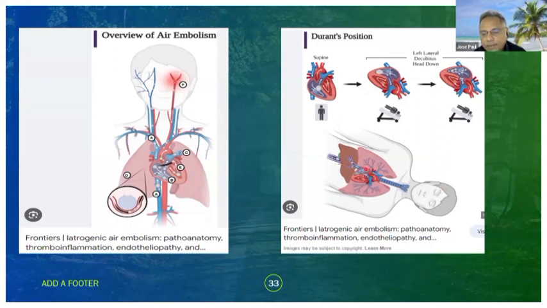Whatever air has entered the body will accumulate in the right ventricle, and you can do a therapeutic maneuver to aspirate the air out of the right ventricle. So this position is known as the Durant position, and you have to recognize this and take immediate corrective action.